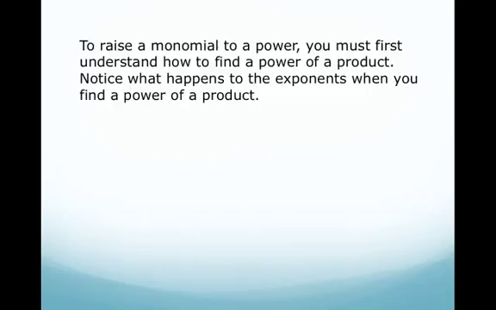To raise a monomial to a power, you must first understand how to find the power of a product. Notice what happens to the exponents when you find a power of a product. For example, xy raised to the third power, which is equal to, in expanded form, xy times xy times xy.